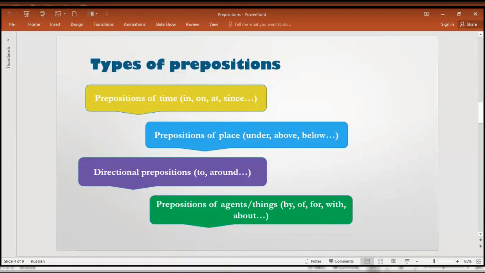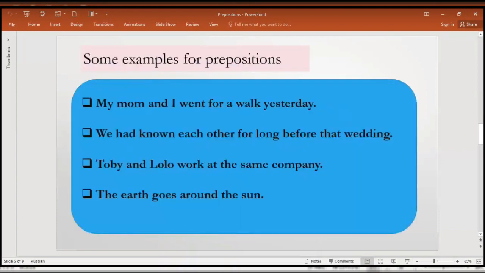And the last one is called prepositions of agents and things. In this case, we can use them for the agents of something, or when something is connected to something or someone. Now I'm going to give you some examples, and let's find out what kind of prepositions there are.